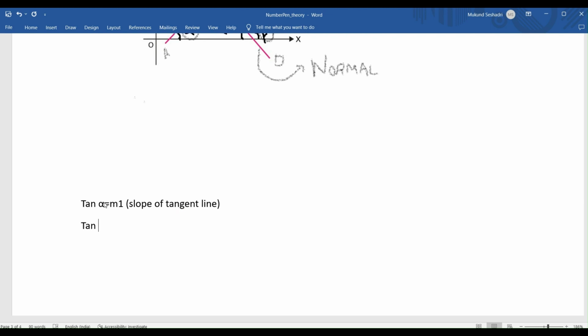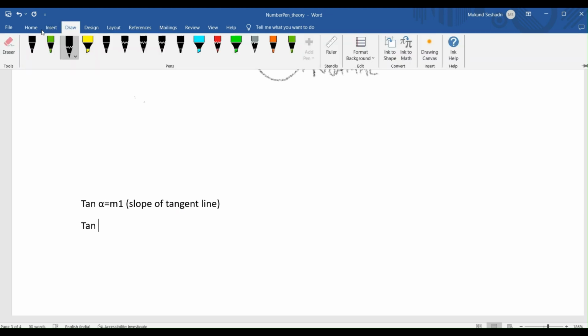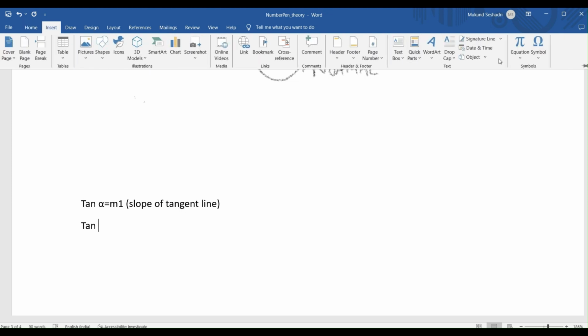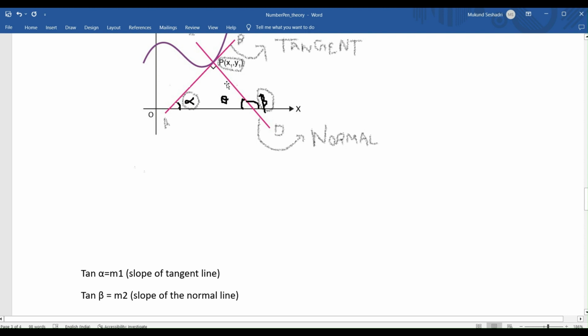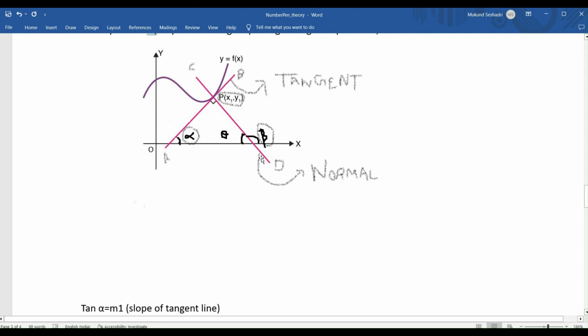And tan beta, let's call this m2, is the slope of the normal line. So tan alpha is the slope of AB, and tan beta is the slope of CD, which is normal to the tangent.